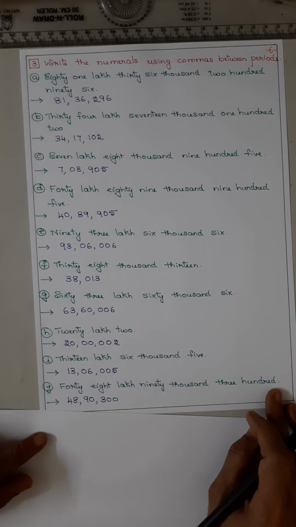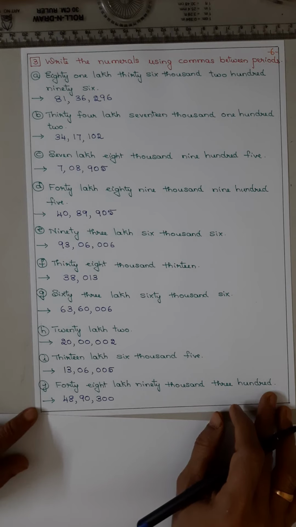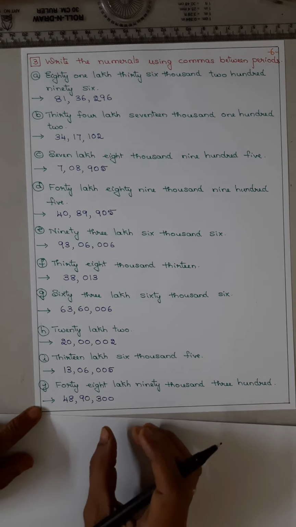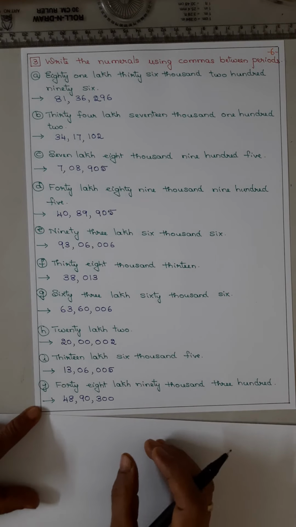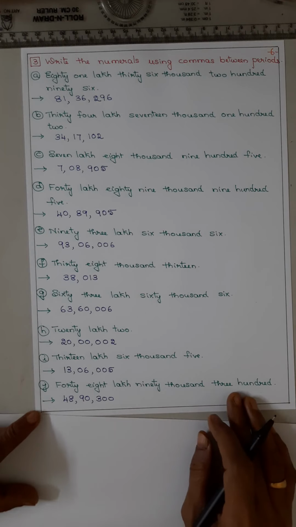Okay, hope everyone understood this worksheet 1. So remember how to write the numbers together, then the period. Wherever the period is there, put the comma, then continue. And wherever the place has nothing there, then you have to put 0. Okay?